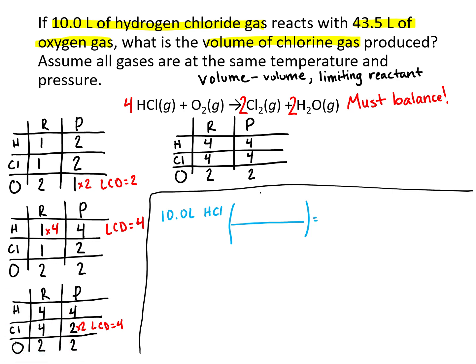The first problem that we're going to do is going to be if we have our HCl, how much chlorine gas do we make? We go to our balanced equation and we write out that ratio. On top, we're going to have the amount of chlorine.